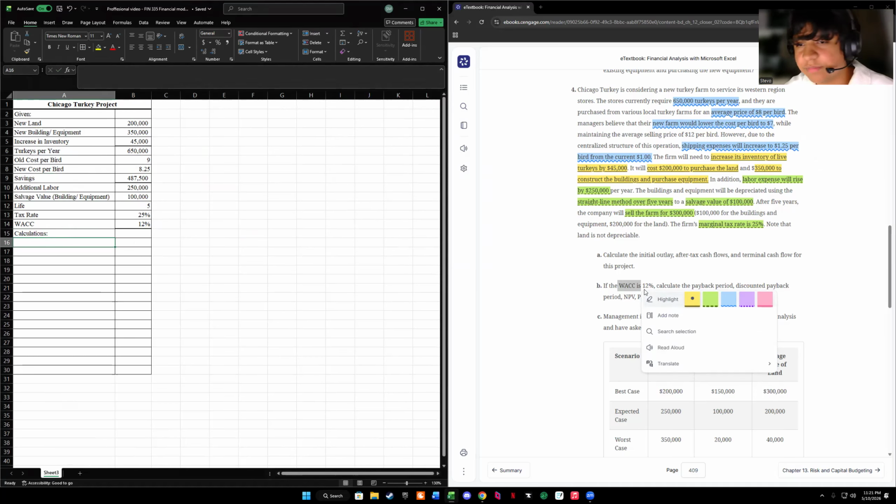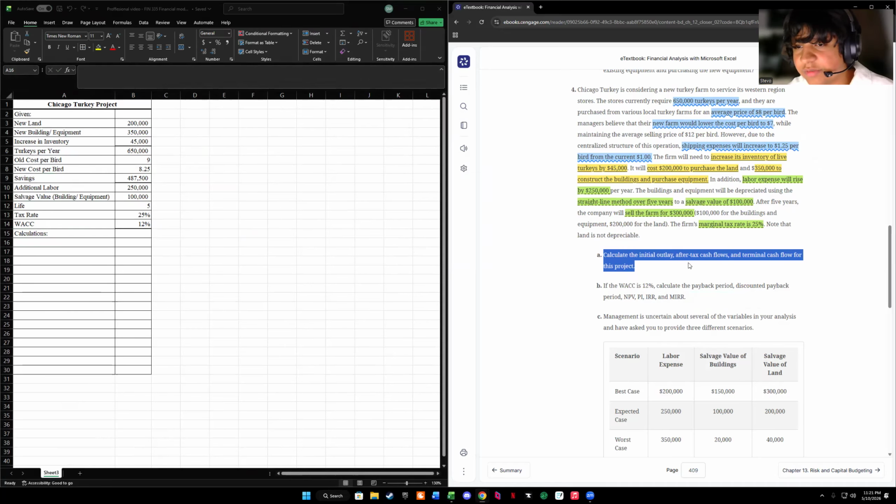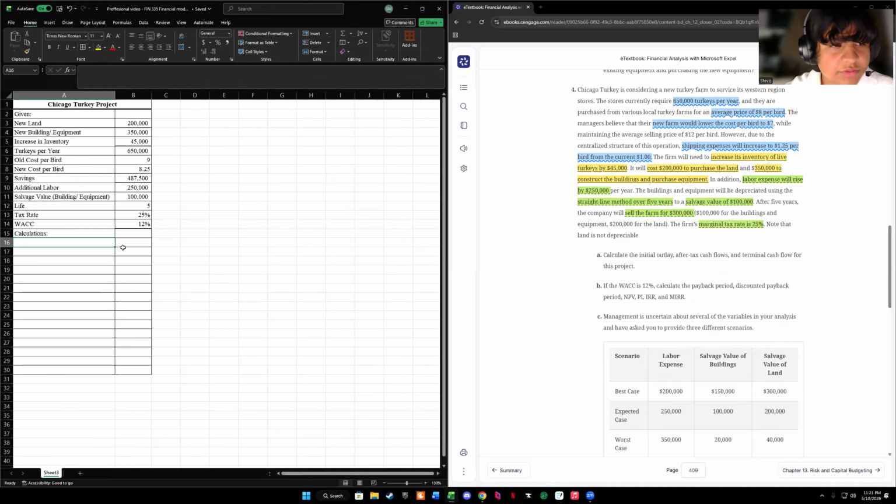Very good. Now, the things we're calculating, obviously first and foremost, are cash flows.